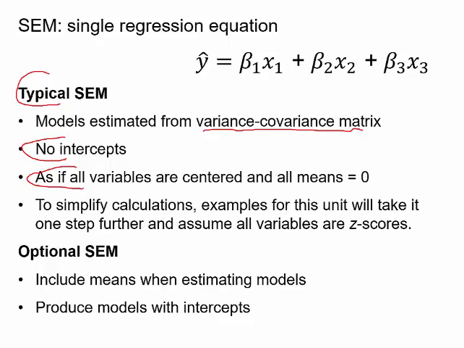And actually, we only need to assume that they've been centered and not necessarily turned into z-scores. Recall that the process of turning a score into a z-score has 2 steps. First, you center it: you subtract the mean from everybody's score, and you have a new score that has a mean of 0. And then the second step is to divide that centered score by a standard deviation.